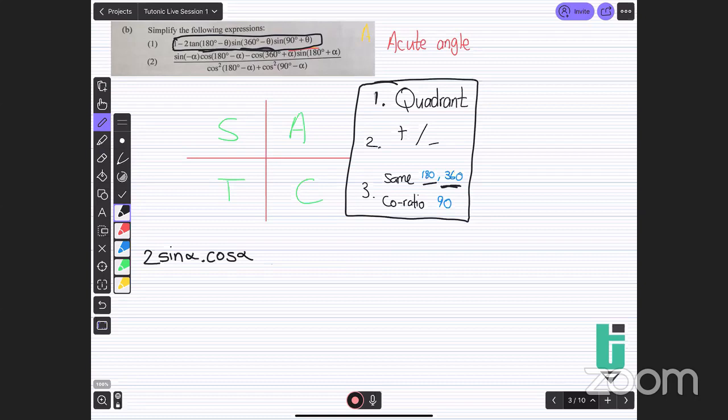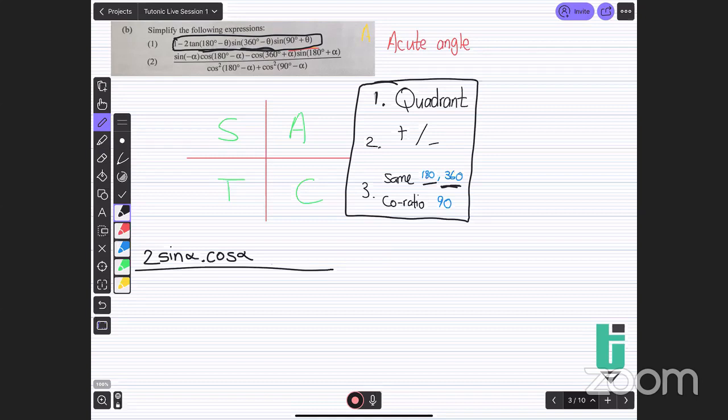Okay, and then cos squared of 180 minus alpha. Naima, you want to try that one? Negative cos squared alpha. So first do cos of 180 minus alpha and then square it, because that's how the function is.